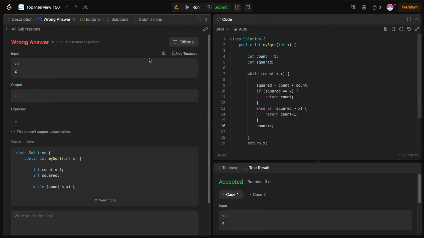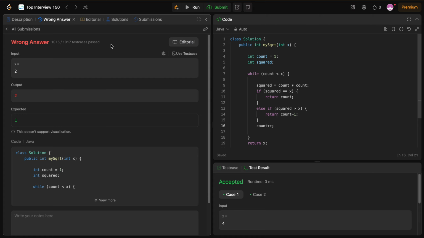It seemed to have worked for pretty much every other case, but for 2, the square root of 2 is a decimal, which rounded down should be 1. Let me think. I guess it goes from 1 to 4.